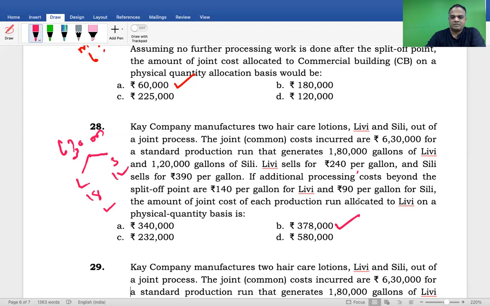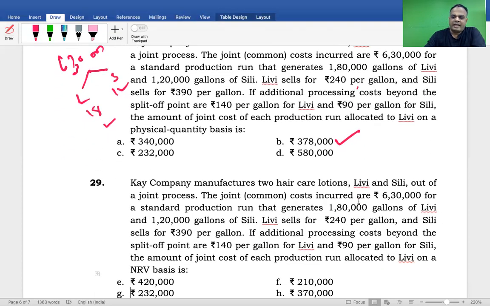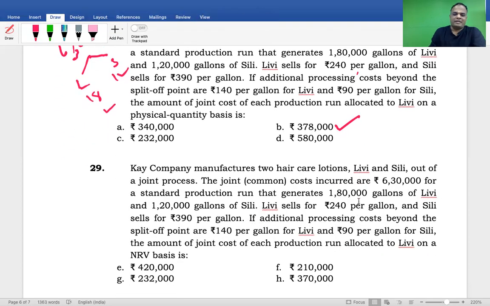Now, in the same problem, if they ask you to apportion on NRV basis, it makes some sense, am I right? With respect to NRV, listen carefully. Two products, Livy and Silly. Quantity produced: 1,80,000 and 1,20,000.